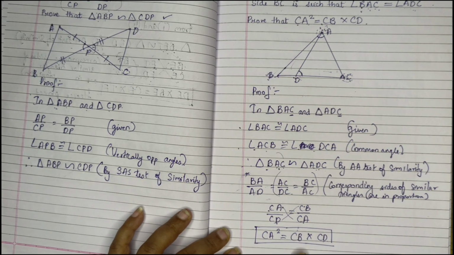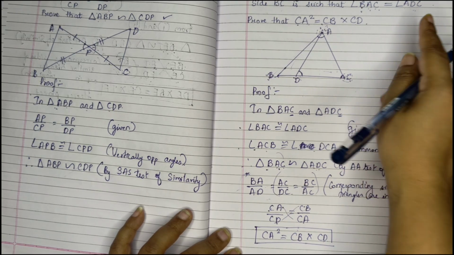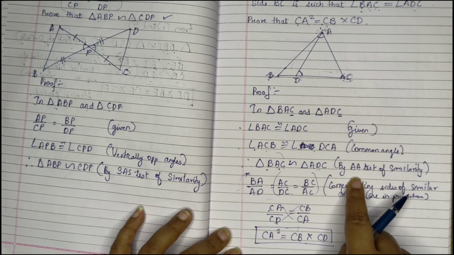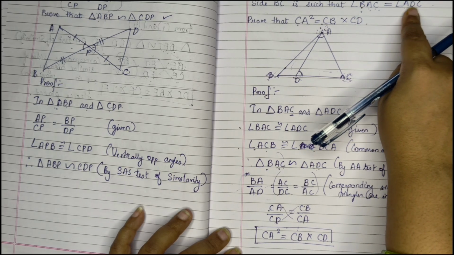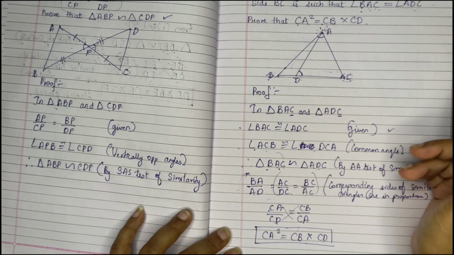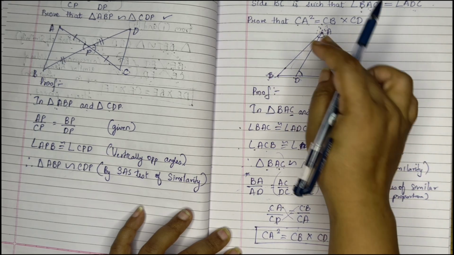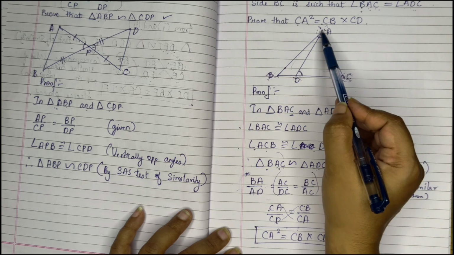So first, those two triangles which are given, you prove that they are similar by AA test. The first point is already given here. The second one is the common angle, because C is common for both the triangles: ACB, the bigger triangle, and then DCA, the smaller triangle.